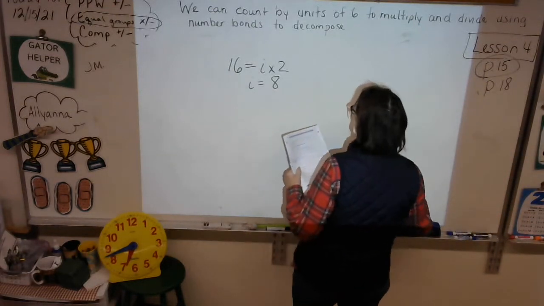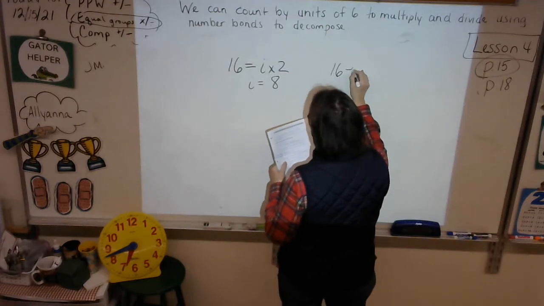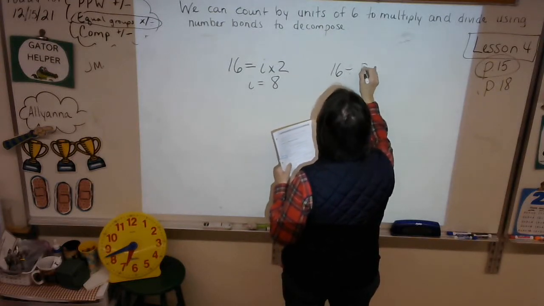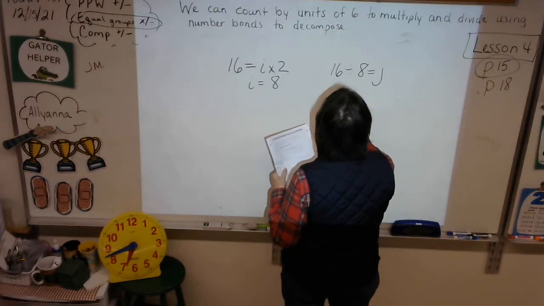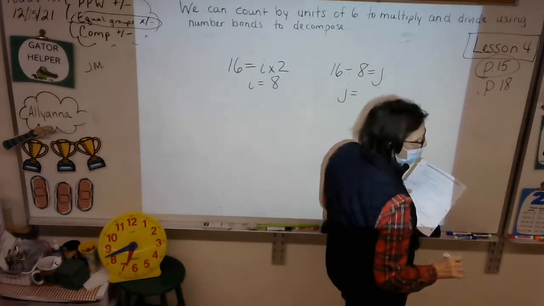How about this one? 16 divided by 8 equals, here's your J, Allie. J equals.